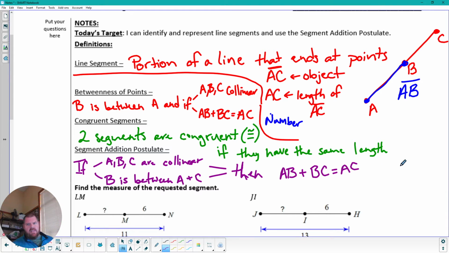Now, I hate to break it to anybody, but we just spent way too much time basically stating that one piece plus another piece equals the whole thing.